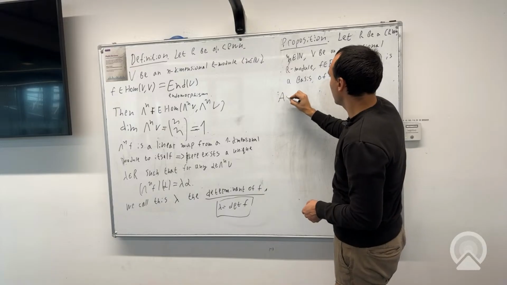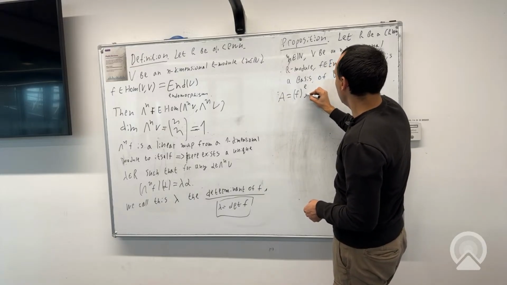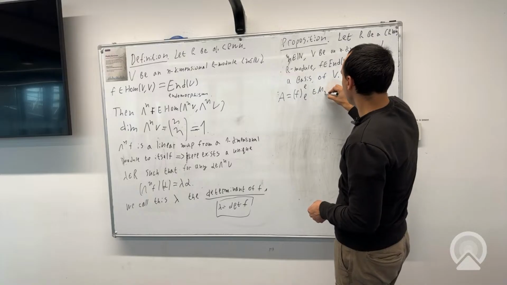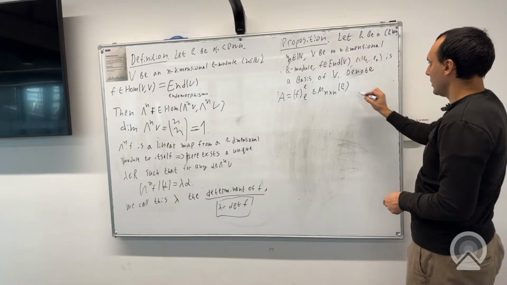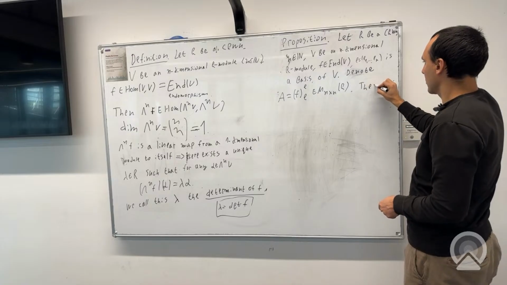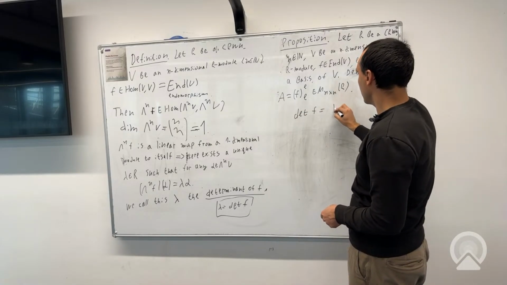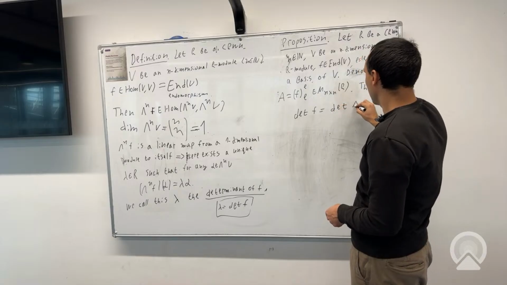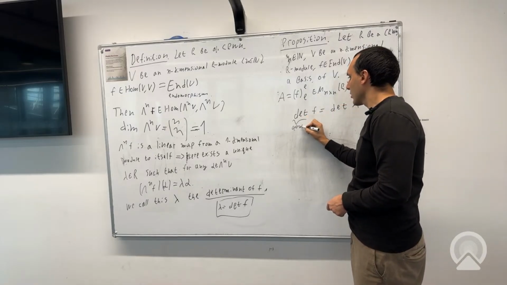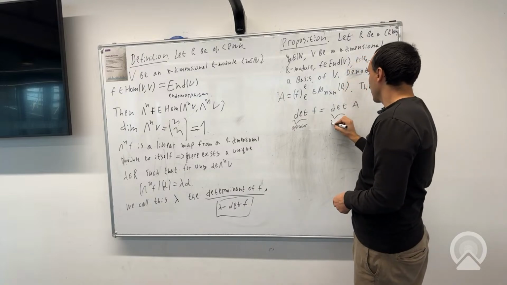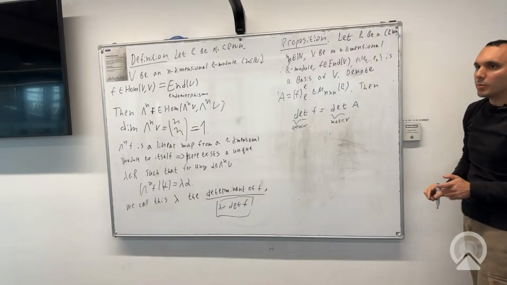So A is F in the basis E, which is an n times n matrix. Then the determinant of F is equal to the determinant of A. So this is the operator, this is the matrix. So this is the matrix determinant, this is the operator determinant.